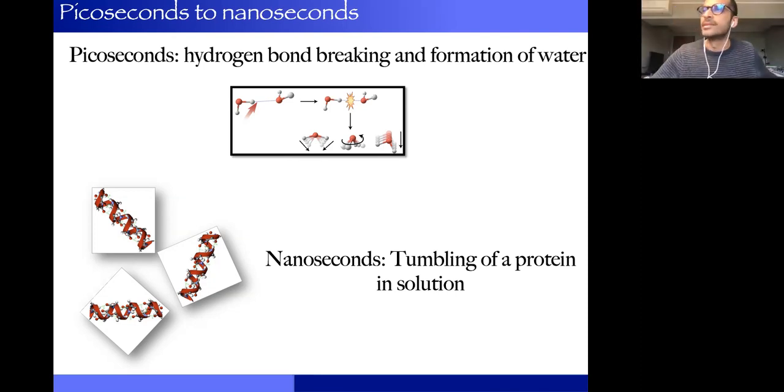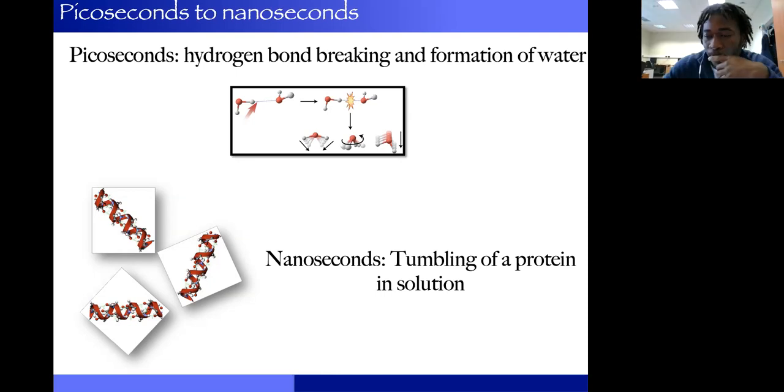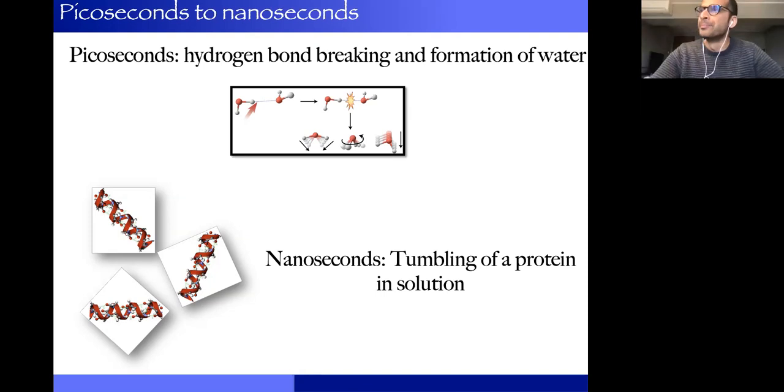This is a very good question, so let me see. Different processes have different time scales. Now this is not a very profound statement, but let me try and clarify what I mean.